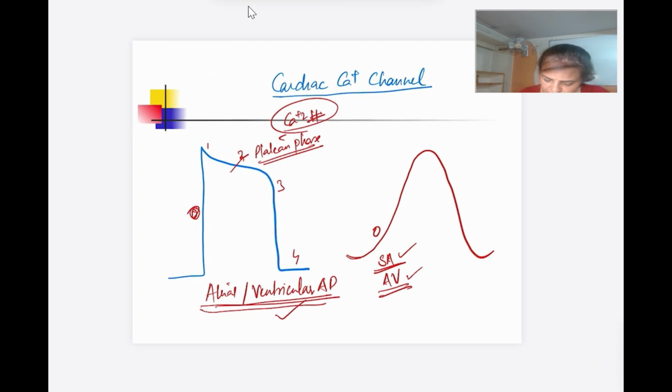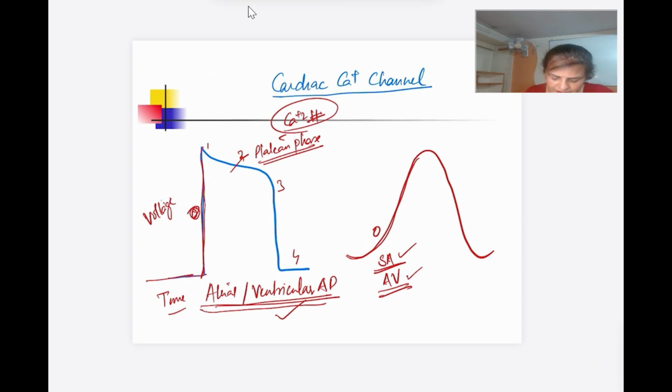Now here it is a sodium channel. Now what type of channel is it? Here you can see this is the action potential, and on the x-axis it is time. Here we see the voltage rather, on the y-axis voltage, and this side time.